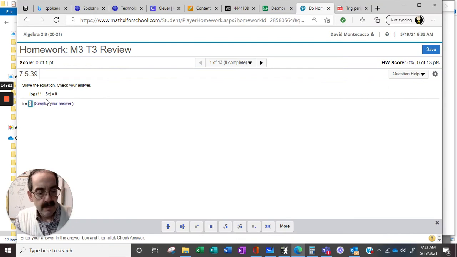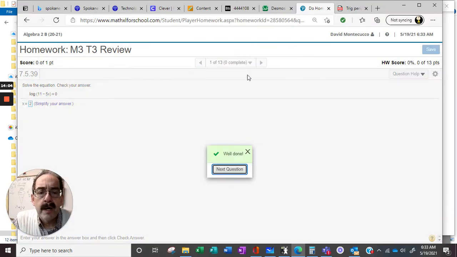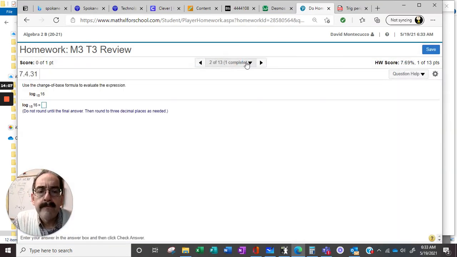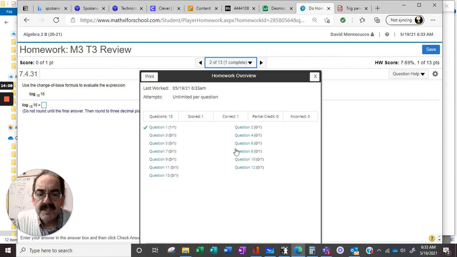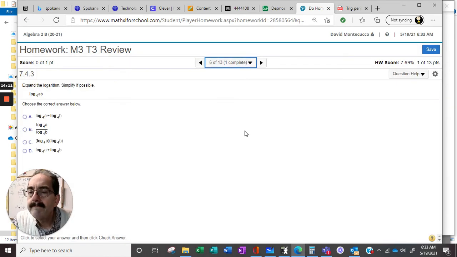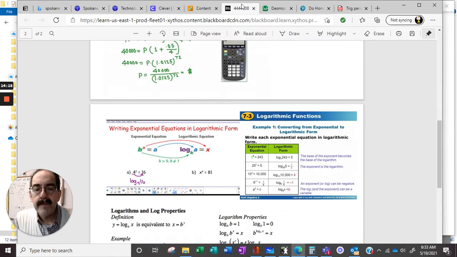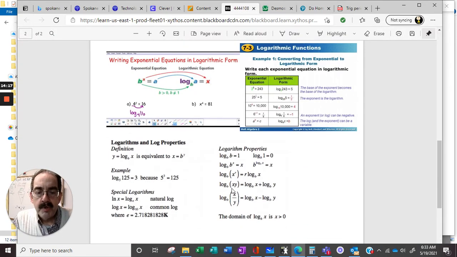So let's do a higher level one here. Let's go to problem 6. These are just identities. When you multiply logarithms, that's the same as adding each logarithm. Now, we can go into these proofs.